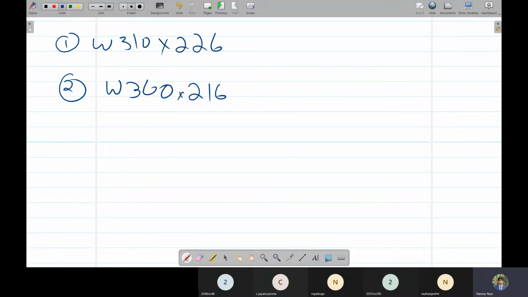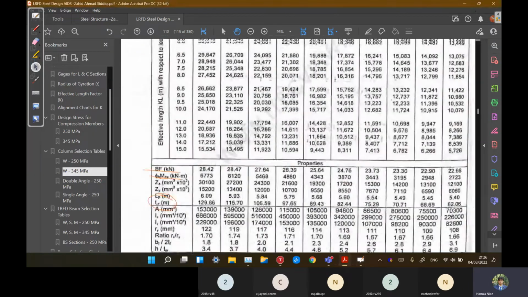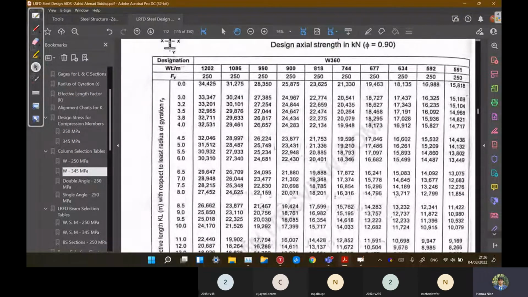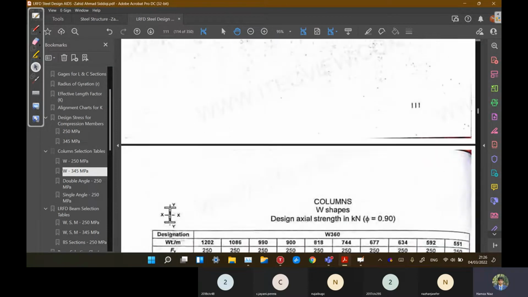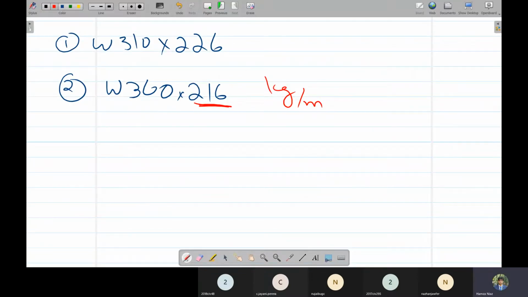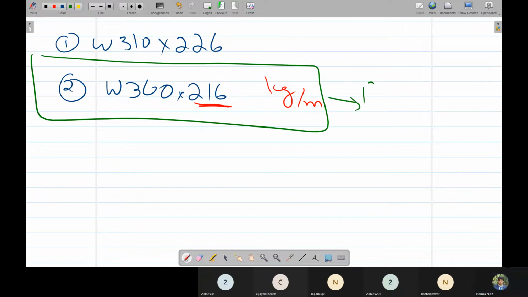This is almost 10 kilograms lighter, and this is weight in kilograms per meter, so almost 10 kilograms per meter lighter than the W310. So this was the second section. We can check our third section also, which is very heavy. So we have selected two sections, and this is the lighter one. This would be our first trial section.